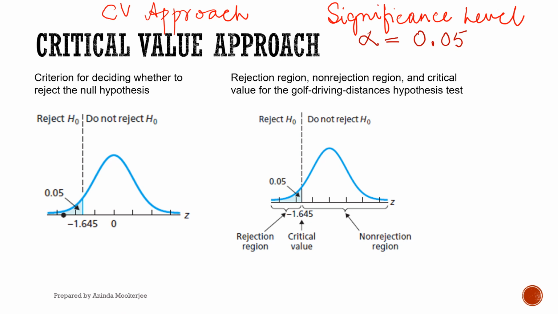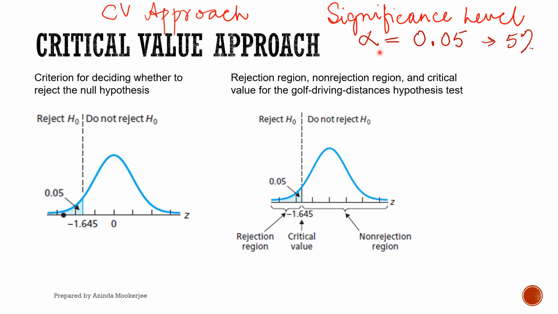Now, 0.05 when converted to a percentage point is 5%, correct? 0.05 is the same as 5%. So you will see often that a significance level is stated in percentage points. That means it'll say that a hypothesis test should be performed at 5% significance level, which means that the alpha value in its decimal form is 0.05.